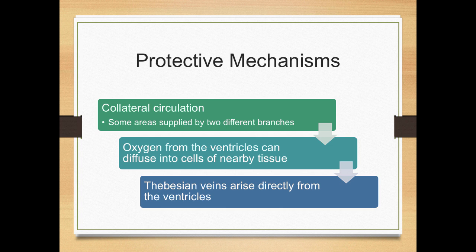These are tiny, teeny tiny coronary veins that feed the area directly around the ventricles. So if we have some problem with oxygen supply, that blood flow, the Thebesian veins can help mitigate that a little bit, and so can this oxygen diffusion from our ventricle.